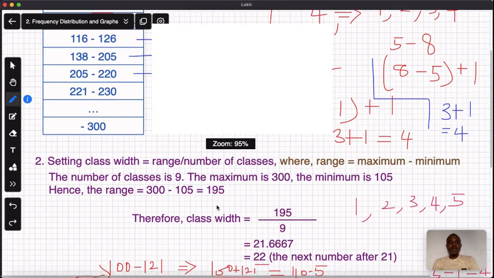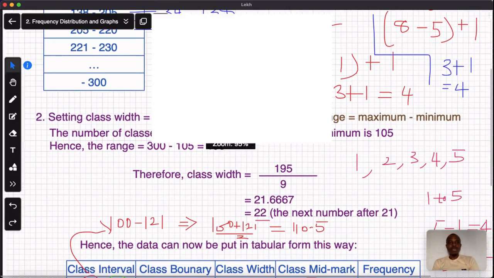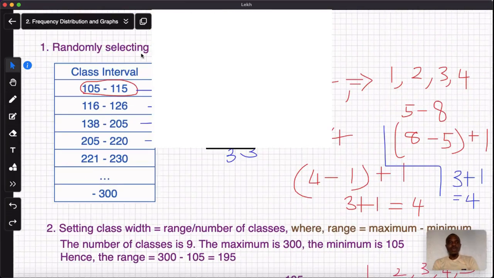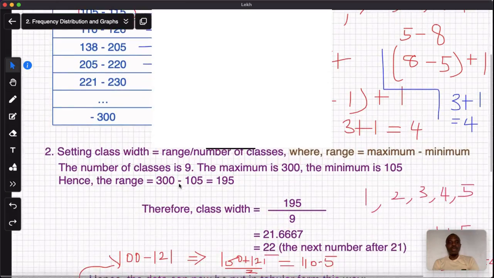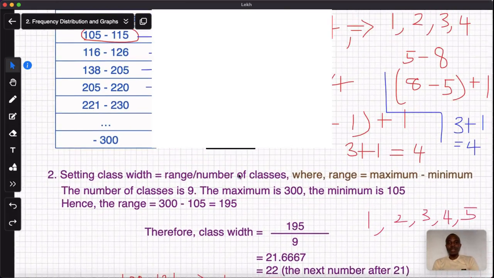All right, now we could actually use a better method, and what would that be? We may decide to set the class width. Instead of randomly selecting your own class width, we could let the class width be the range divided by the number of classes. The range is equal to the maximum observation minus the minimum observation.